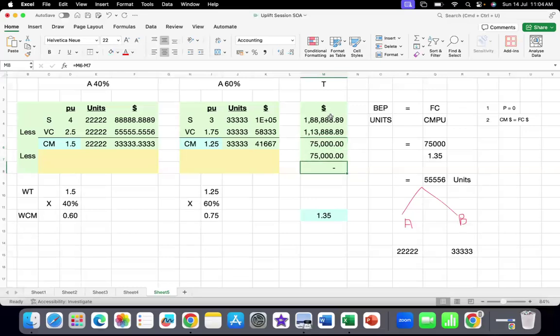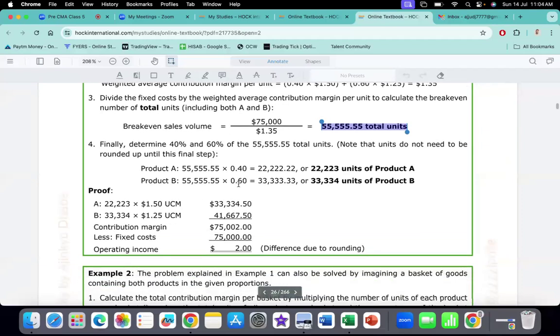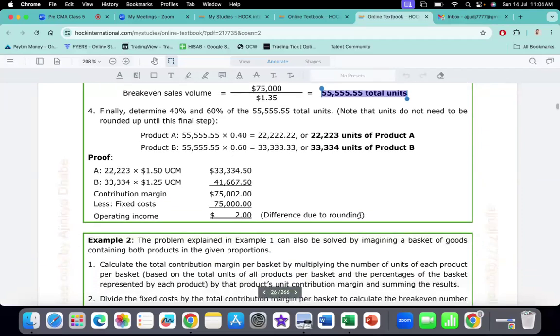That is going to give you the BEP point. So this is the break even point for this question. And that's what has been given to you.